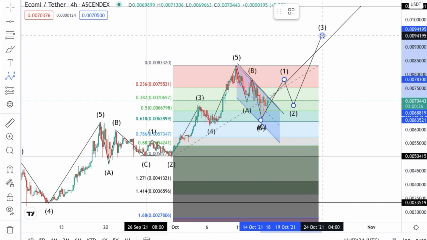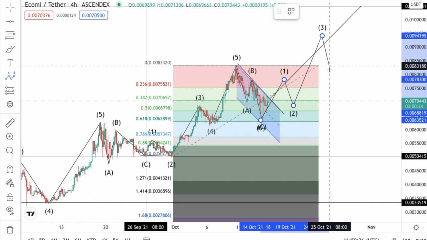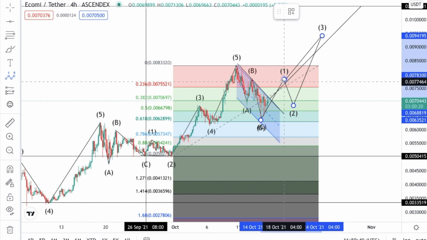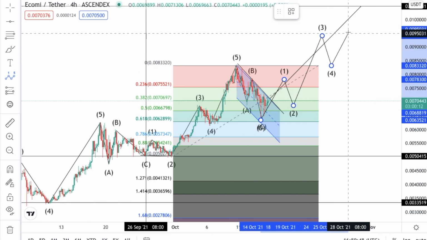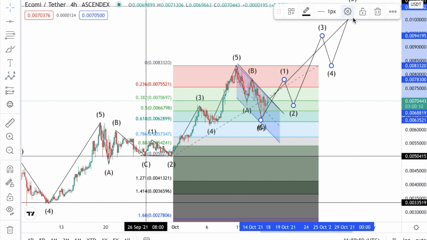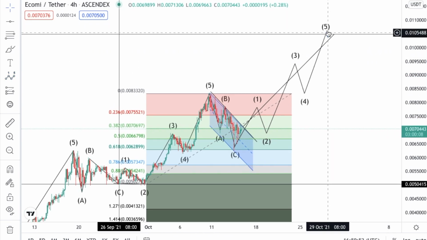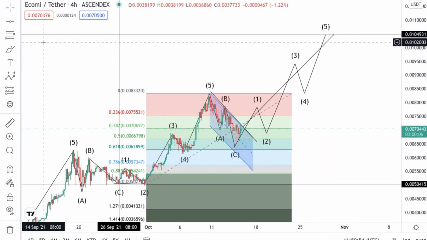Now when we're looking at wave 4, what's going to happen? It cannot go lower than wave 1. Because it cannot go lower than wave 1 right here, it's most likely going to fall right on the top and find support at wave 5. And then wave 4 is going to lead us all the way to the top to wave 5. That's what I think personally could happen.